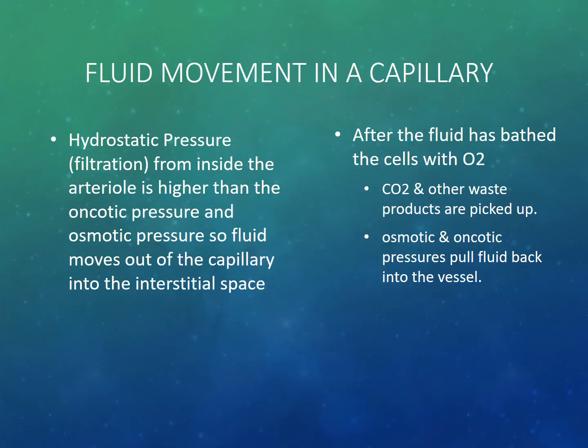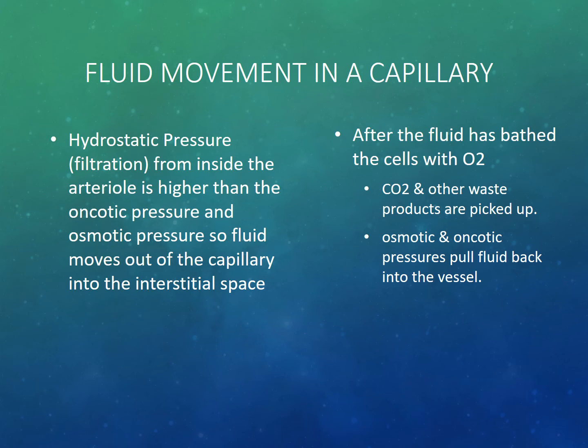So if I was going to summarize this whole area, I would say that hydrostatic pressure or filtration pressure from inside the arteriole is higher than the oncotic and osmotic. And I know we didn't talk a lot about osmotic, but there are some electrolytes and non-electrolytes in that plasma also. But it's higher than the oncotic and osmotic pressure. So fluid moves out of the capillary into the interstitial space.